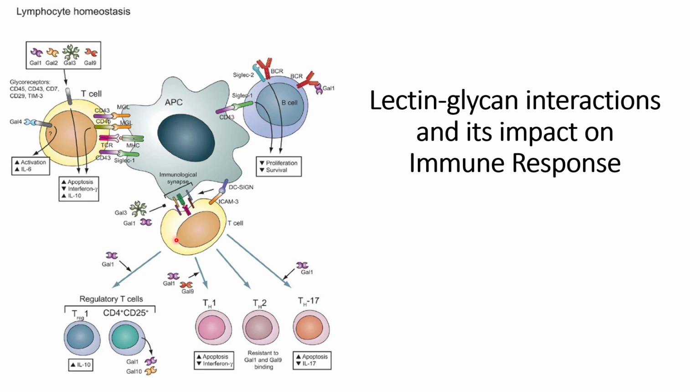Based on the different glycosylation, different kinds of interactions can also occur, and the other kind of interaction is shown at the bottom of this figure, where the interactions with the help of DC-SIGN and ICAM3 will trigger immunological synapses, in which the galectin 1 interactions will lead to the upregulation of interleukin 10 and also to the proliferation of regulatory T cells.